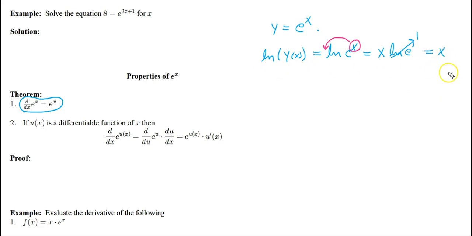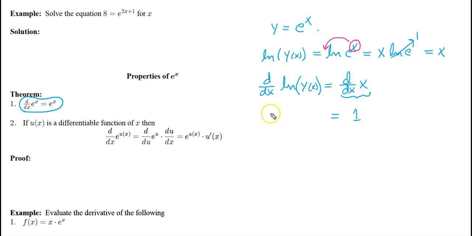But this is just 1, of course, and we end up with just x. Now we're going to differentiate both sides. So we get this side, of course, is easy. It's just 1. This side right here, we actually have to apply the chain rule.